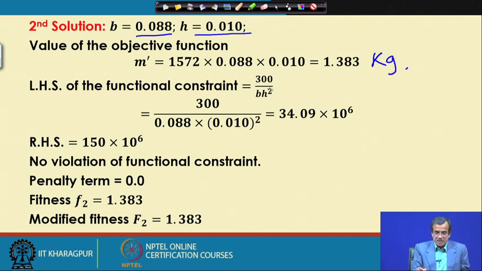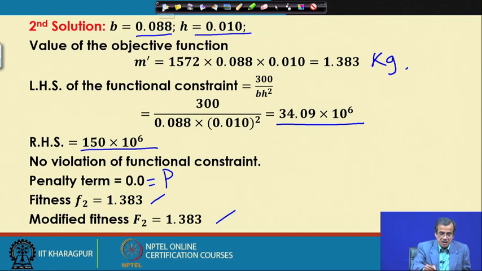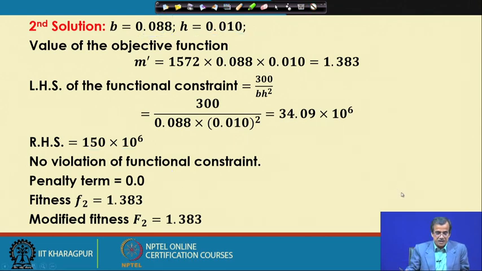The left hand side of the functional constraint is 34.09 into 10 raised to the power 6, and the developed stress is less than the allowable stress. So once again there is no violation of the functional constraint. The penalty term p is equal to 0, the original fitness is 1.383, and the modified fitness remains the same as the original fitness.